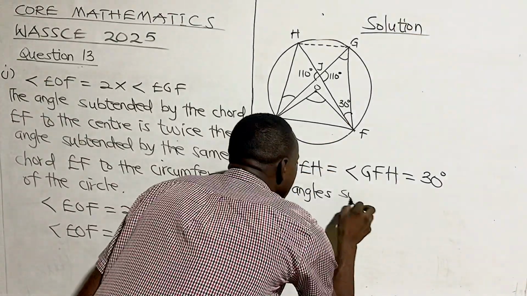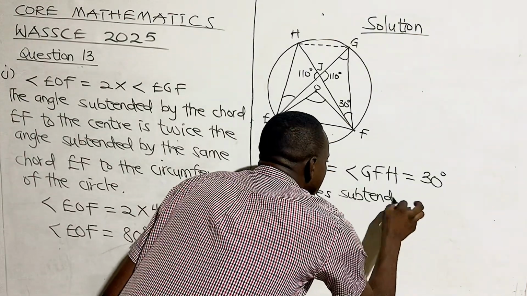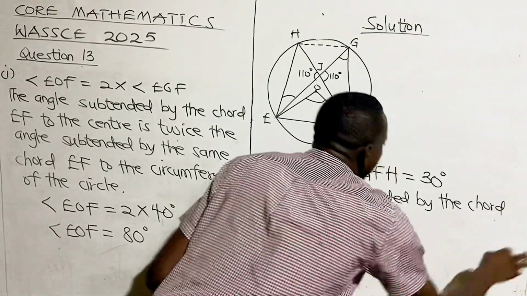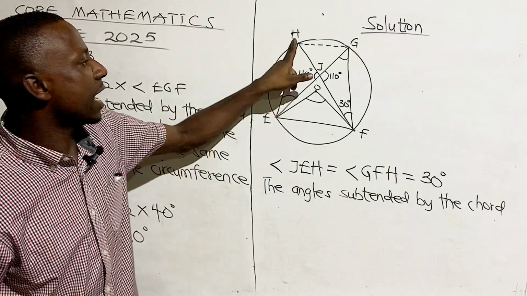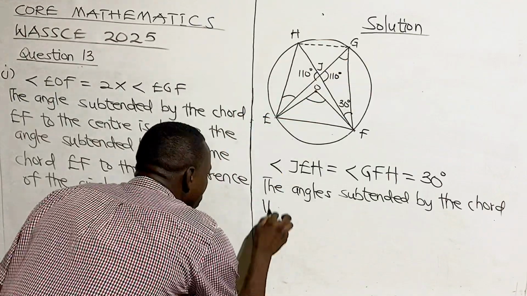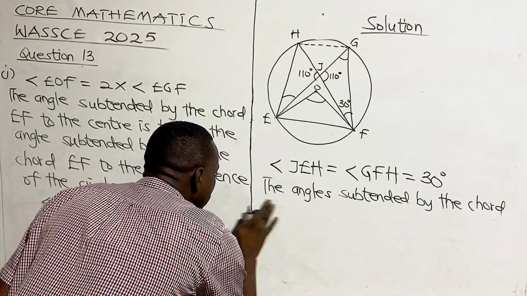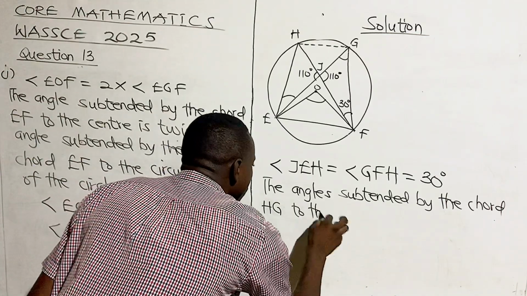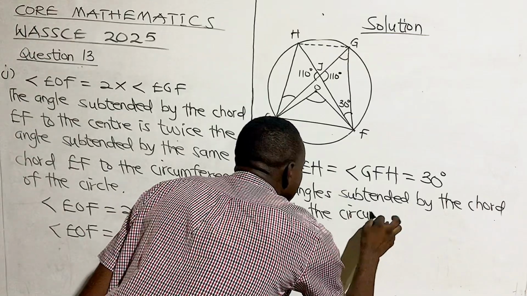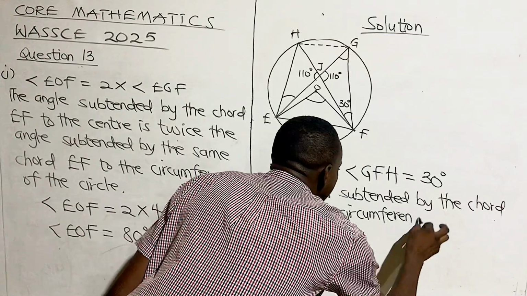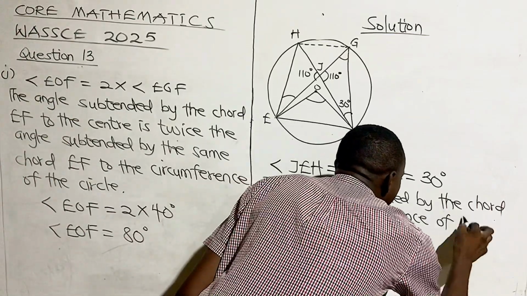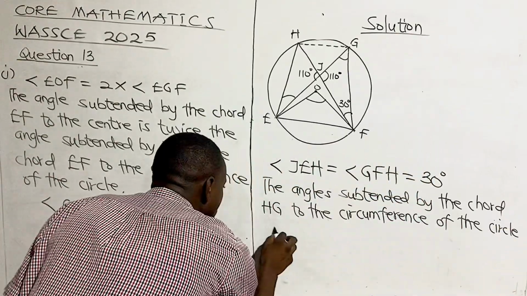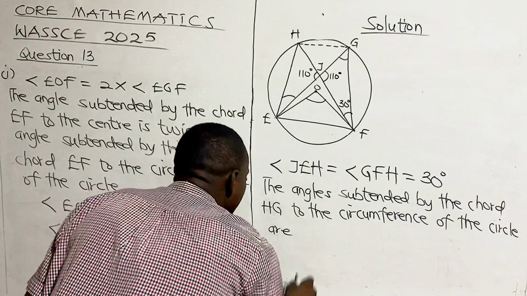The angles subtended by the chord, and here the chord is HG, by the chord HG to the circumference of the circle are equal.